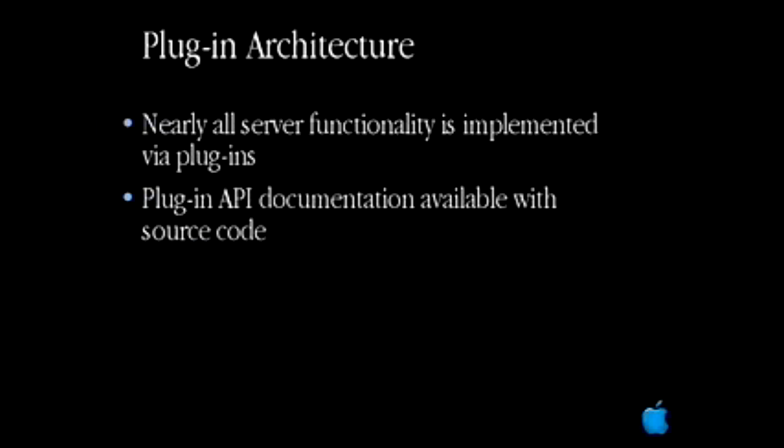Another thing we did with the 2.0 release is we added a plugin architecture to the server. We realized early on that developers were going to want to extend the server, and we figured that if we just left them with open source, they would hack the server up and it would be a miserable mess for everybody. So we added a plugin architecture. Two of the goals were that it be easy to use and high performance.